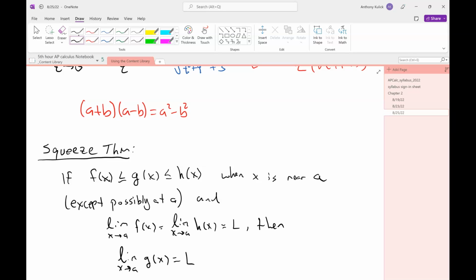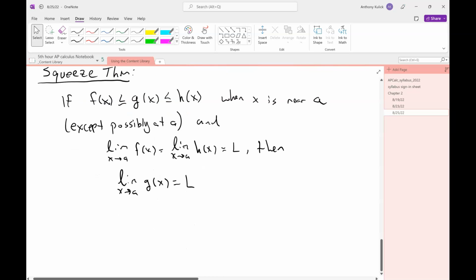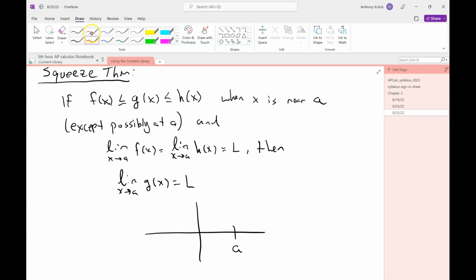So what we're doing, if I draw a picture here, let's say that this is the value a, and let's say that we have some function here. This will be my h of x, and some other function here. This would be my f of x. Then we could have some crazy function here.